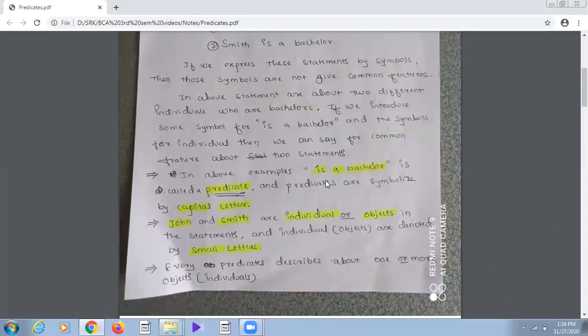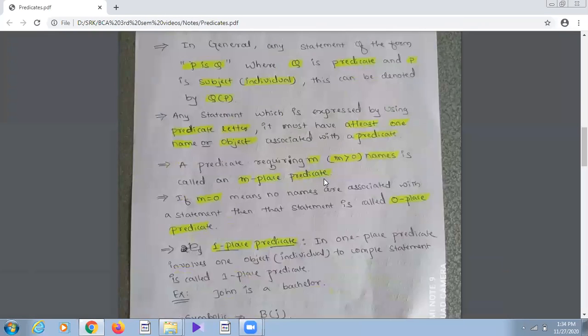So these four concepts, that is predicate, statement function, quantifier, and free and bound variables, will be theory only, and that also simple and easy. So any doubt in the predicate?